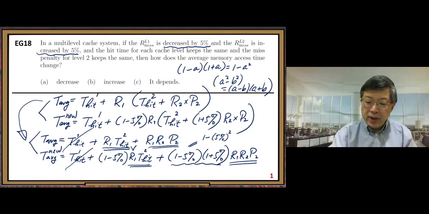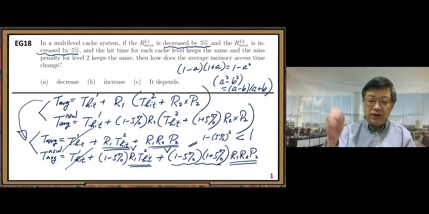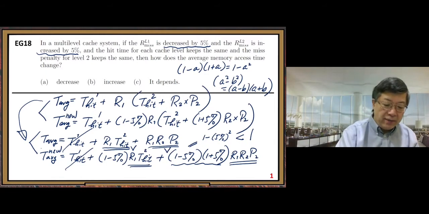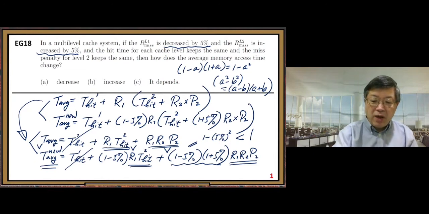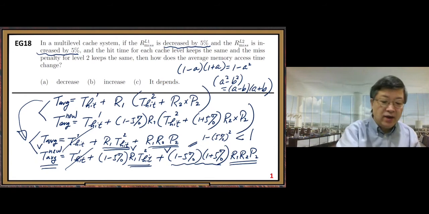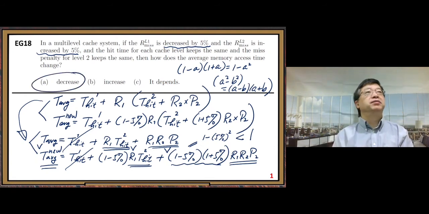This one we know is less than 1. So the upper term is greater than the lower term. Then we can say the old T average is greater than the new T average. So the average memory access time changes in the way of decrease. So that's the answer.